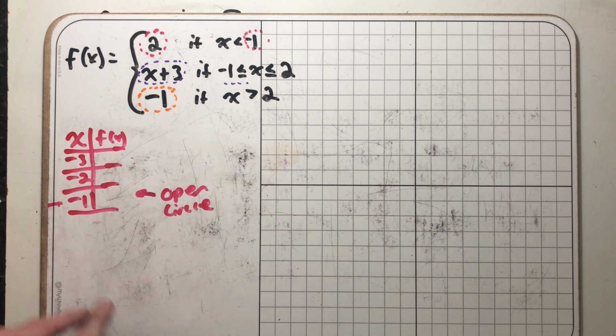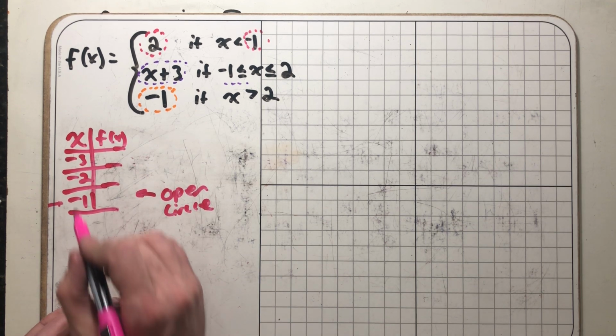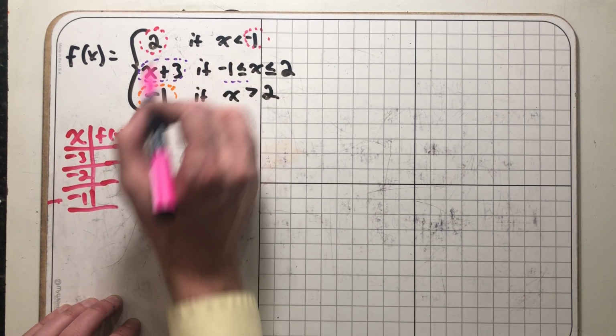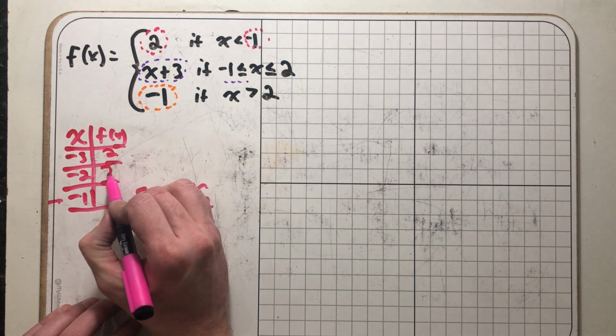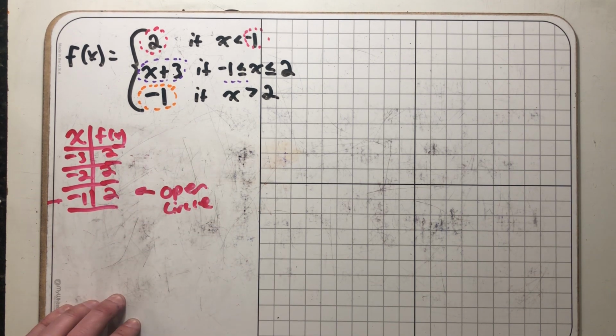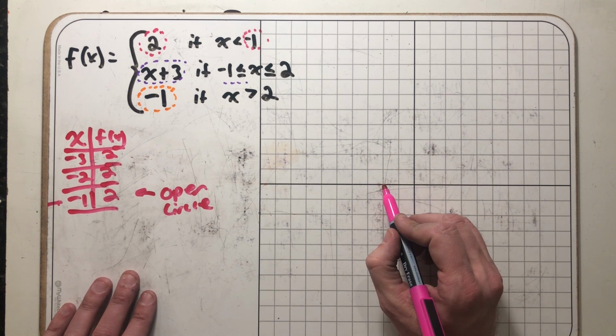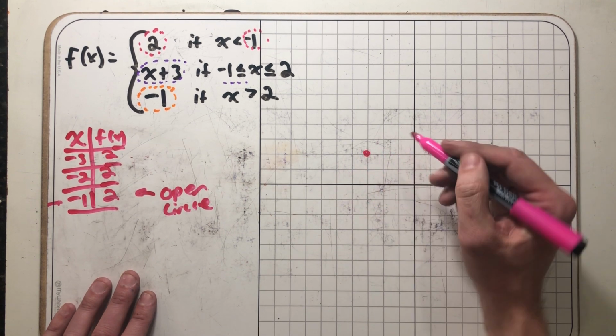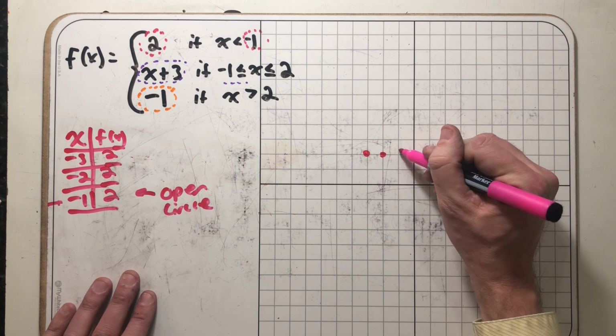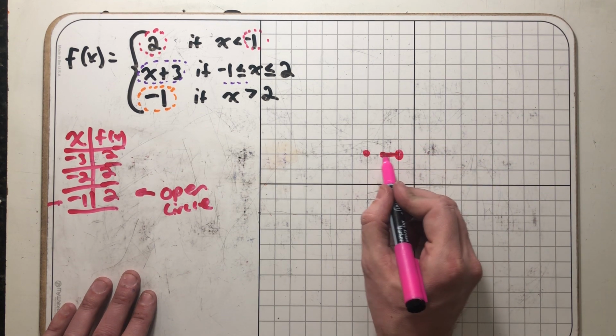So let's go on and fill in this table and start graphing, and I'll tell you a little bit more about that open circle. Well, for all of these, I just get out the number 2, so the function is pretty easy to evaluate. So the function's constant over this interval. So minus 3, 1, 2, 3, up 2, minus 2, 2, and then I claim there's an open circle here.